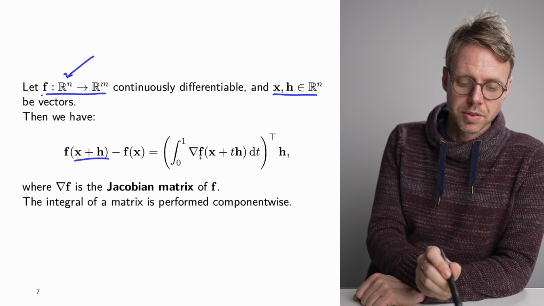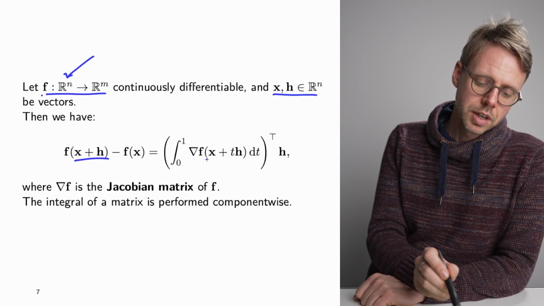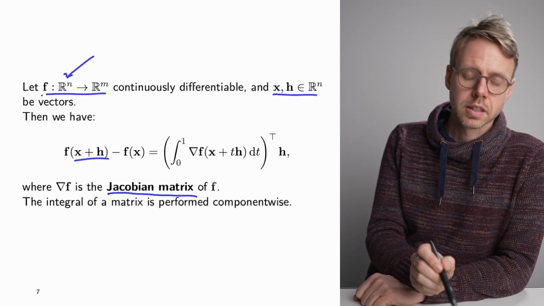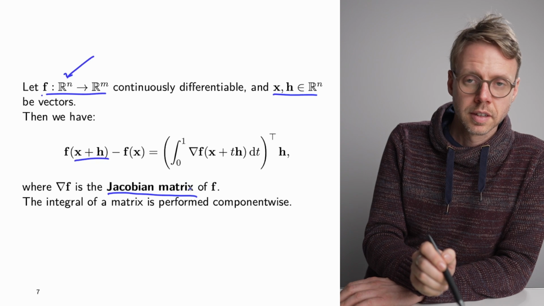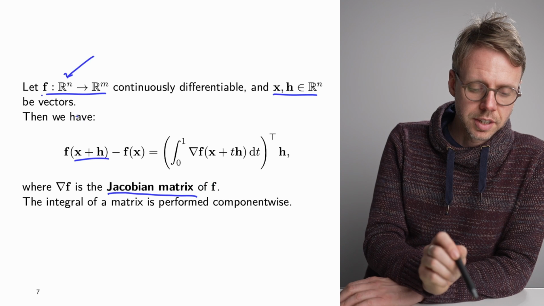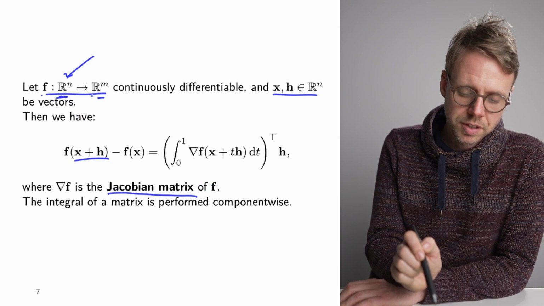Well, we have to generalize, so the derivative before becomes the Jacobian matrix, where the Jacobian matrix is the gradient of a function that takes vectors both as inputs and as outputs.